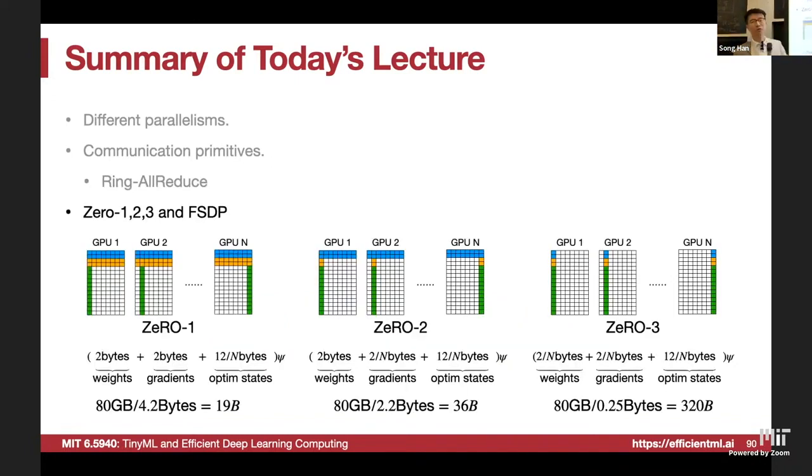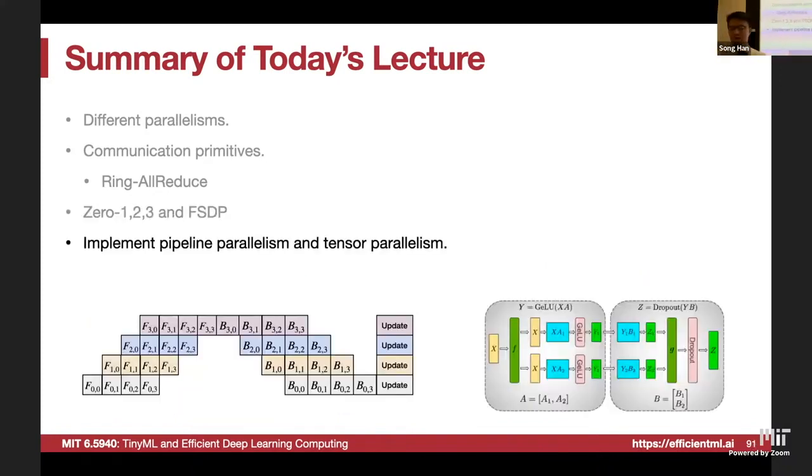Very importantly, we introduced ZeRO 0, 1, 2, 3, and also fully sharded data parallelism to reduce the GPU memory requirement by trading off to have more communication, to have less GPU memory by sharding the optimizer state, not only the optimizer state, but also the gradient and also the weight to fit larger models.